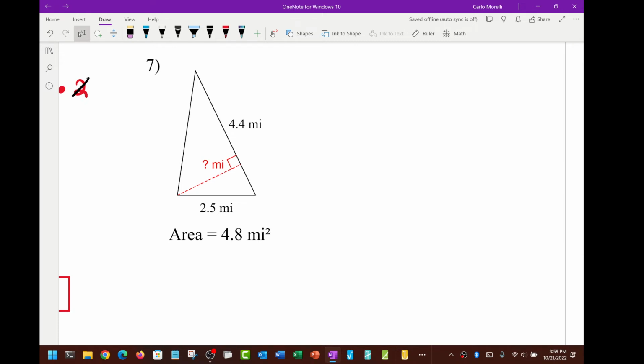All right, number 7. This time we're trying to find the height. So it gives us the area, which we can just write as 4.8. Equals base times height divided by 2. Okay, so the base is 4.4.